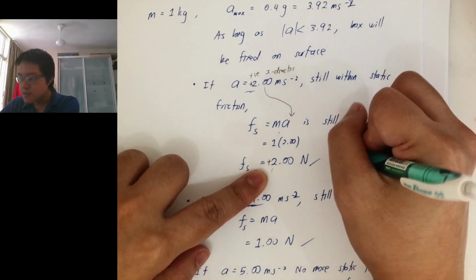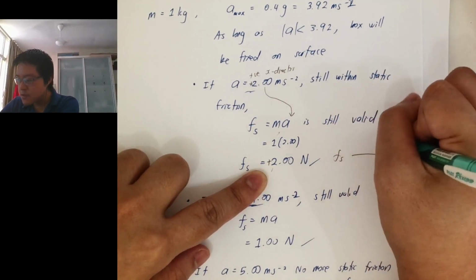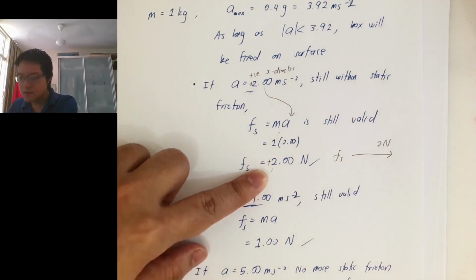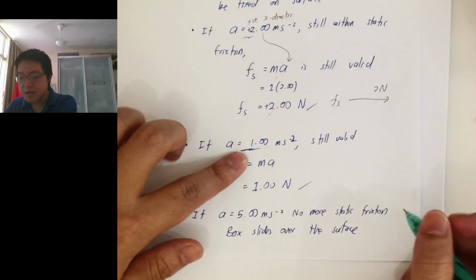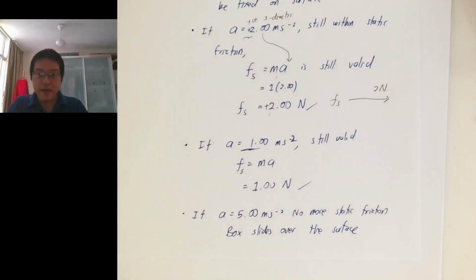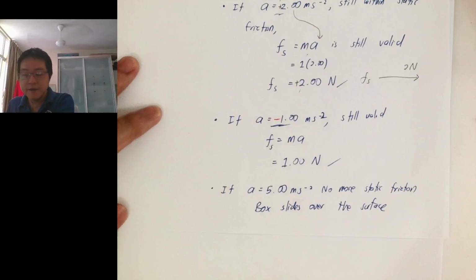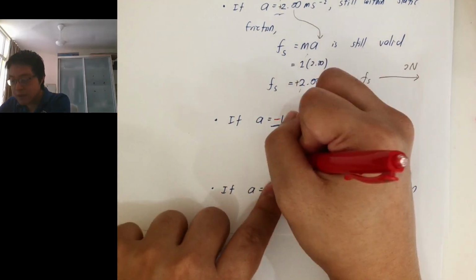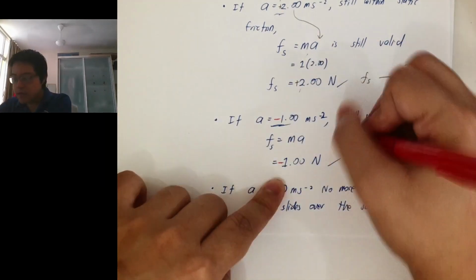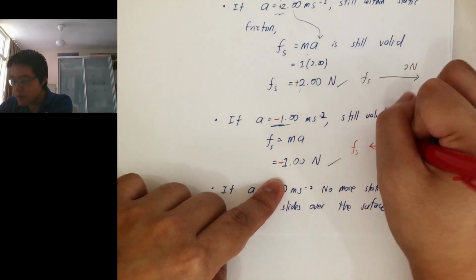So my friction force is 2 newtons to the right. Same thing here. If I use a positive number, I will get positive. But if I drive in the other direction, negative, if I plug in a negative number, I will get negative 1 newton. Then my friction force will now be 1 newton in the other direction.